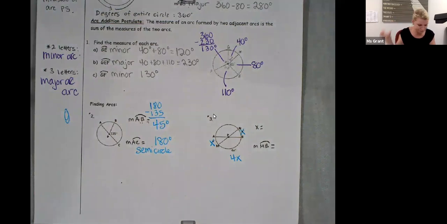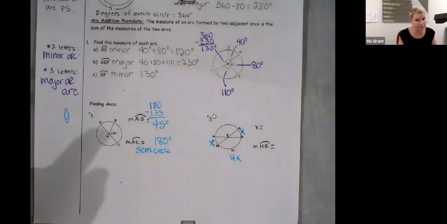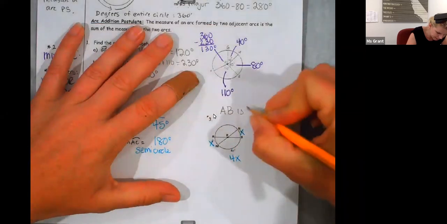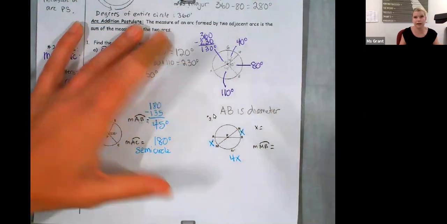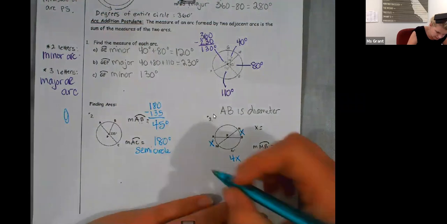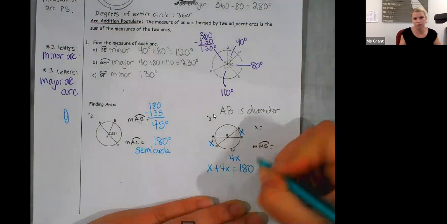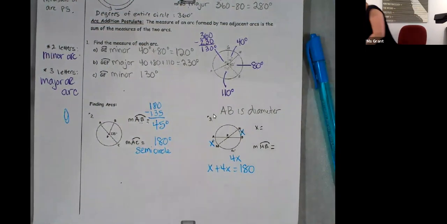Let's say AB is my diameter. There's also a diameter of MN, by the way. So X plus 4X equals half a circle, so X plus 4X equals 180. Go ahead and solve that.